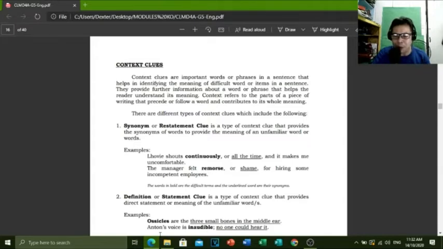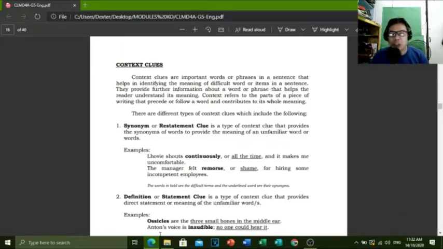Kanina, if you remember, in my previous example, I've already shown you an example sentence that has synonym as its context clue. Pero basahin na rin natin to. When you say synonym or restatement clue, it is a type of context clue that provides the synonyms or words to provide the meaning of an unfamiliar word or words. Let us now read the example.